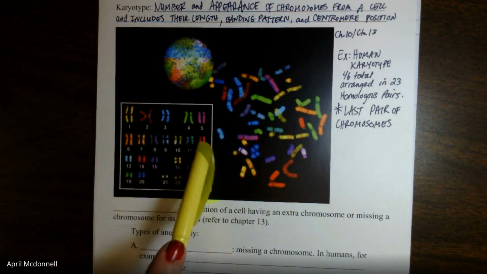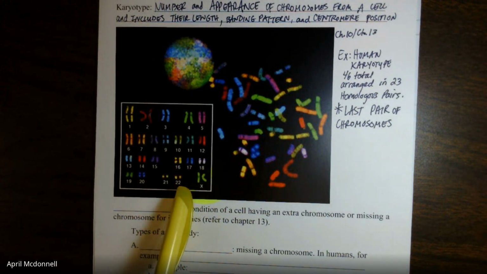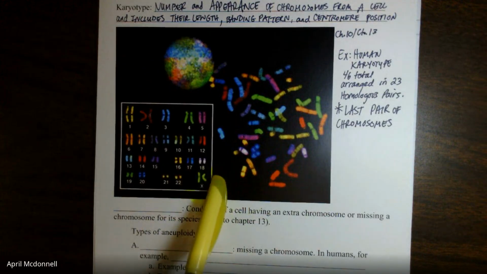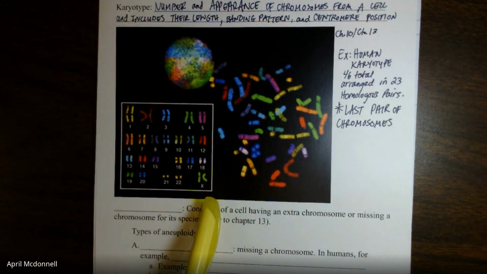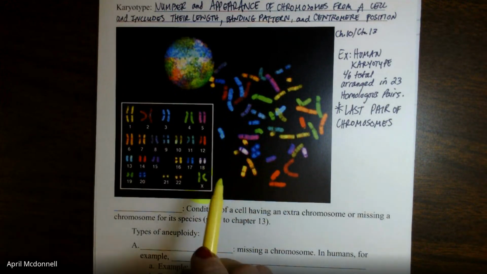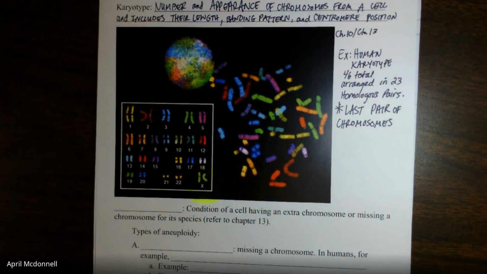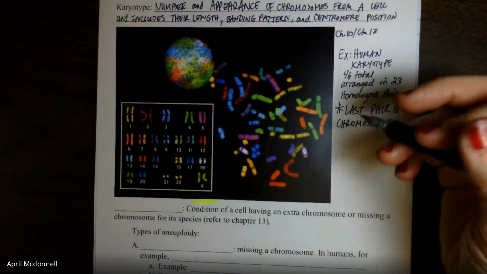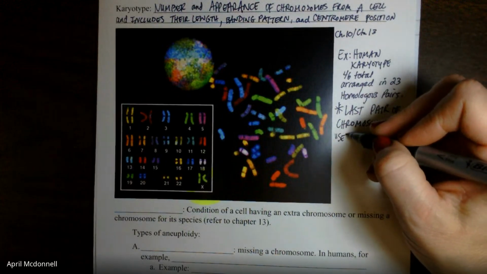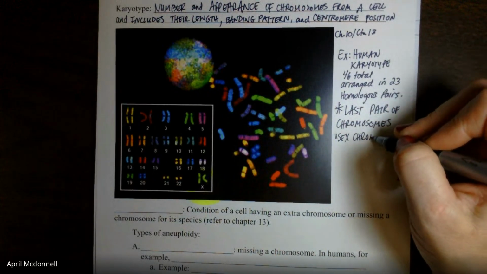I can see all my different pairs. I got pair number 22. Well, this is the very last pair right here at the very end, and I just see an X right there. Make sure that you can locate the last pair of chromosomes shown right there. The last pair of chromosomes are called the sex chromosomes.